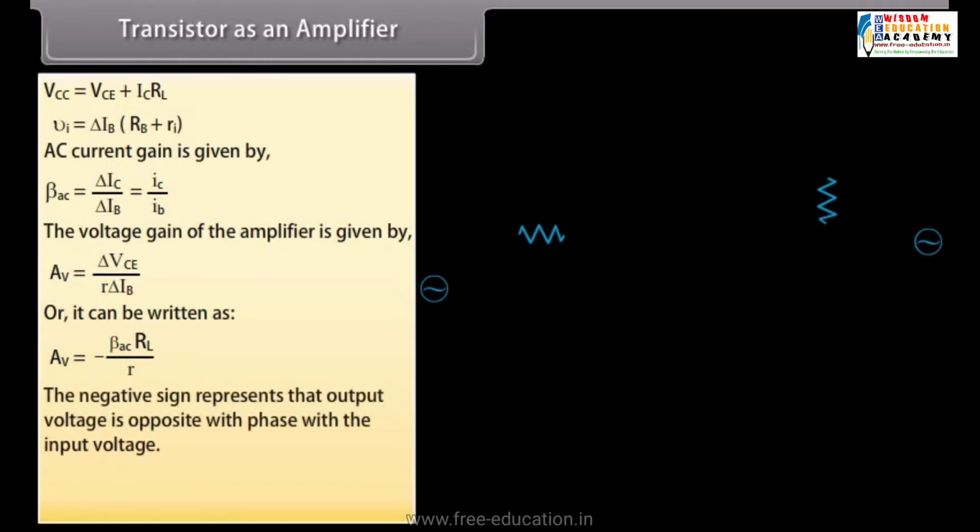The negative sign represents that the output voltage is opposite in phase with the input voltage. The power gain of the amplifier is given by AP equal to the product of beta AC and AV.